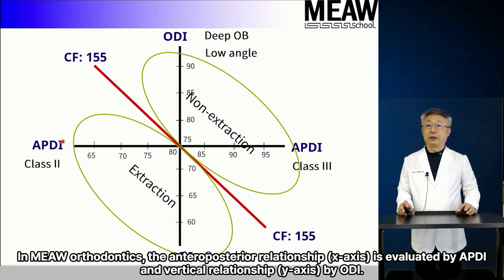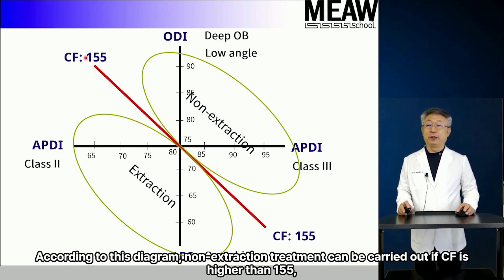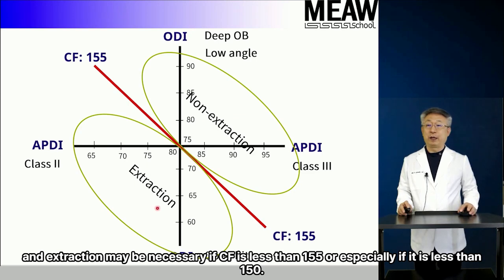In MEAW orthodontics, the anteroposterior relationship axis is evaluated by APDI and vertical relationship axis by ODI. According to this diagram, non-extraction treatment can be carried out if CF is higher than 155, and extraction may be necessary if CF is less than 155 or especially if it is less than 150.